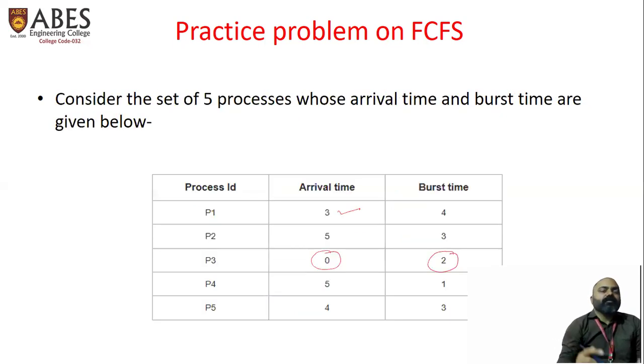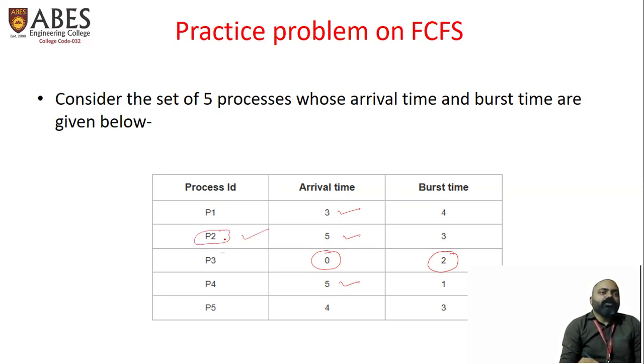Then you can see here after 5 unit time, there are two processes which arrive at the same time, P2 and P4. So which will get executed first? In this case, the process which has a smaller process ID will get executed first.